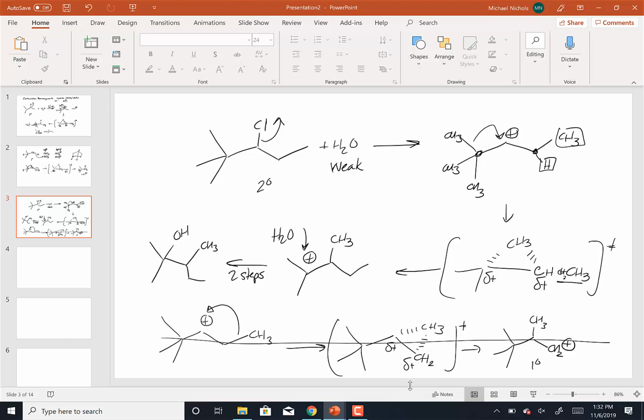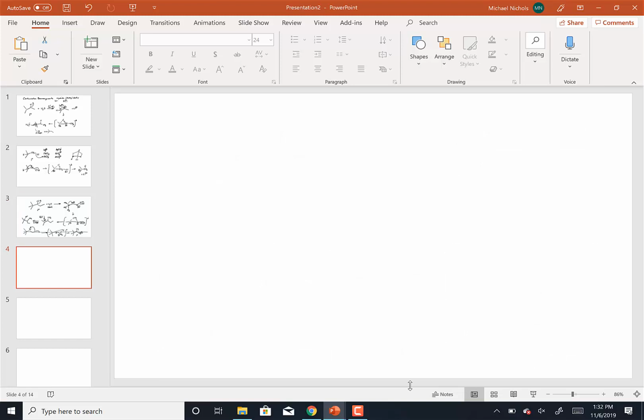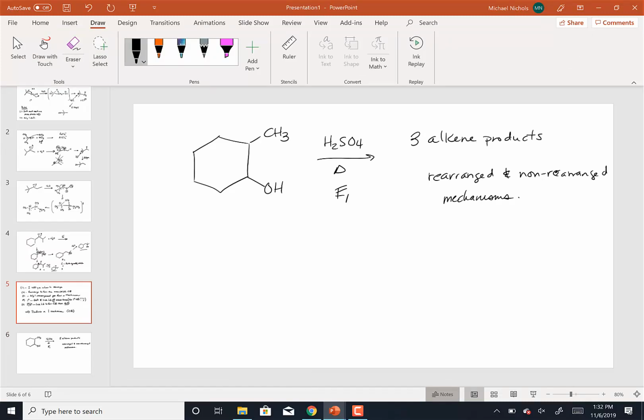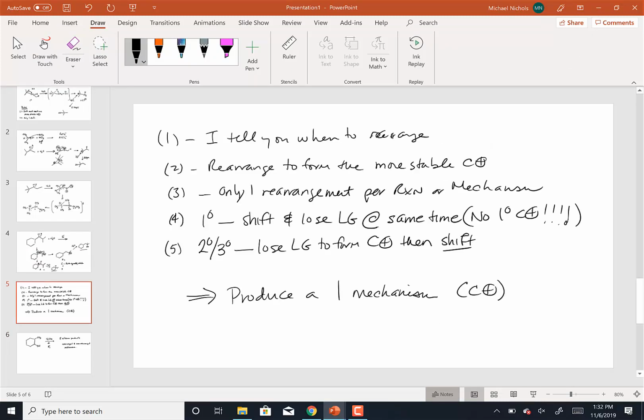So in terms of the rules here, I don't write two sets of rules for the two different classes. So here is rule number 1. I will tell you when to rearrange. Rule number 2 will be that you always rearrange to form the most stable carbocation, a more stable carbocation.